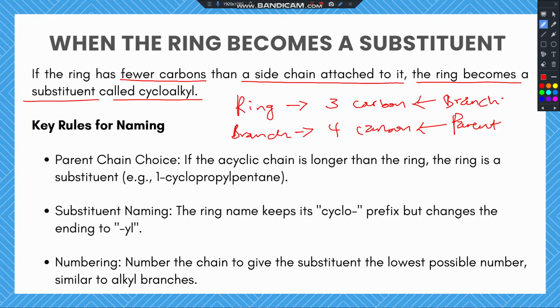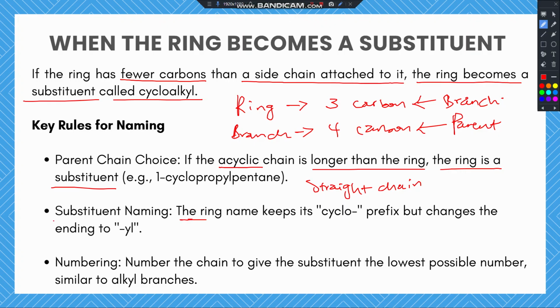So here are some key rules for naming structures when this kind of scenario plays out. First things first, you need to select a parent chain. If the acyclic chain, acyclic here simply means the straight chain, is longer than the ring, then the ring is a branch or a substituent.